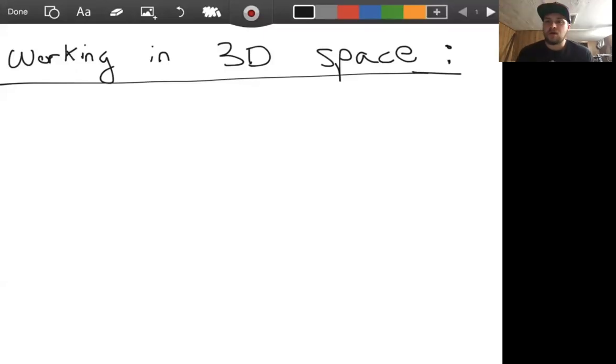Now that we've seen a couple videos on vectors and some properties and how to compute certain aspects of vectors, like their components, and how to represent them in component form, or maybe using a linear combination of standard unit vectors. Most of this took place in 2 dimensions.